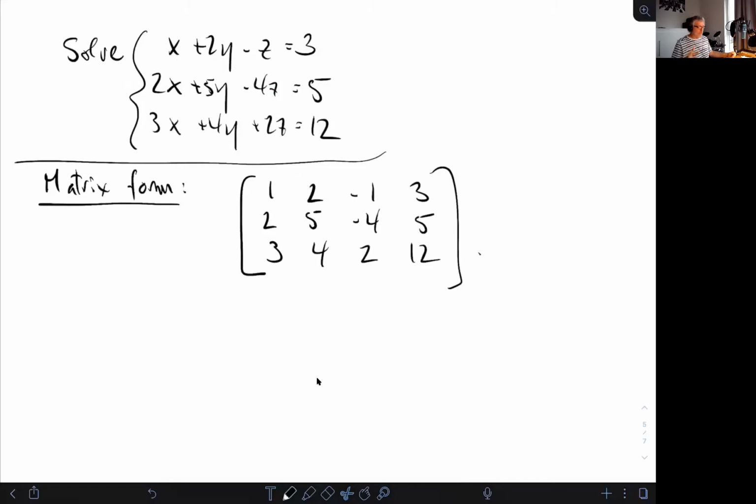Again, some people like to have a little dotted line here, or some people just put a full straight line there, just to keep in mind that this is an augmented matrix, but you can write it in or not, it makes no difference, okay? It's up to you. So I'm going to use Gaussian elimination, okay?